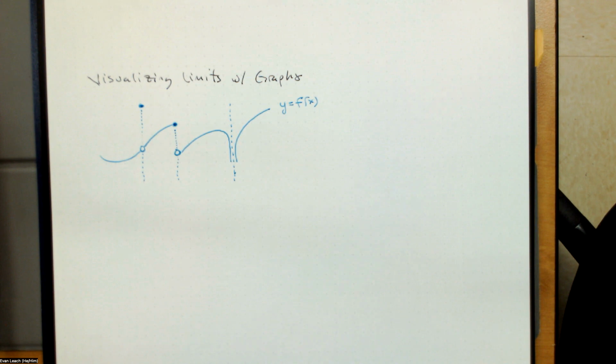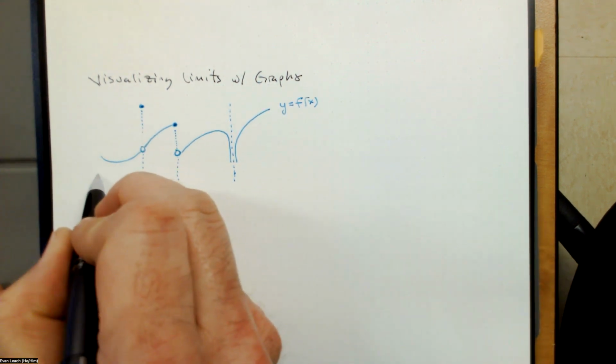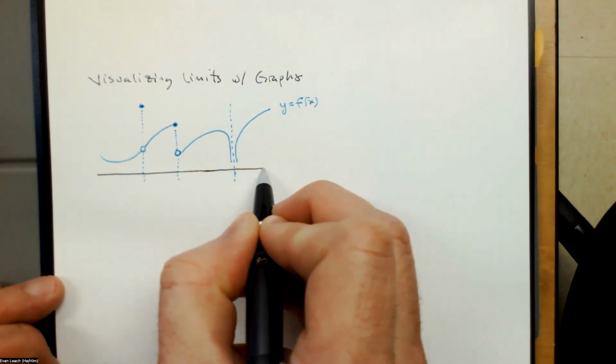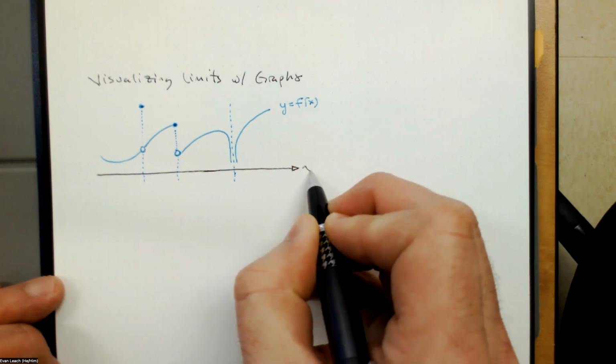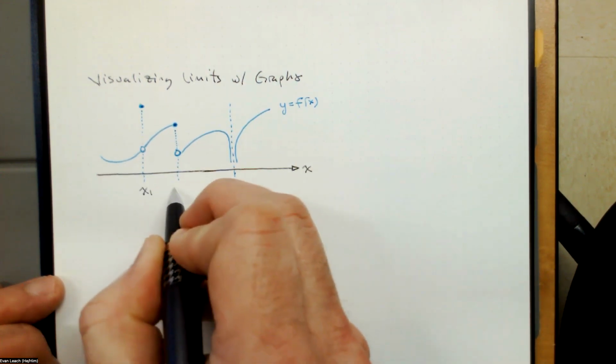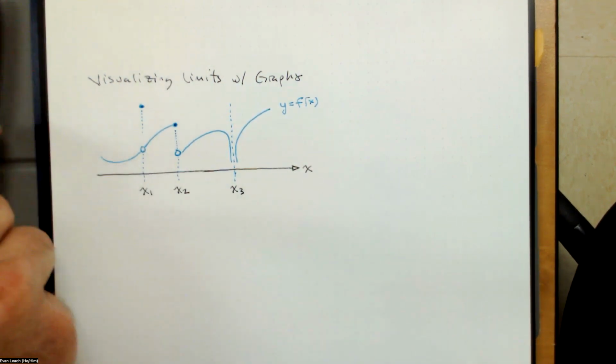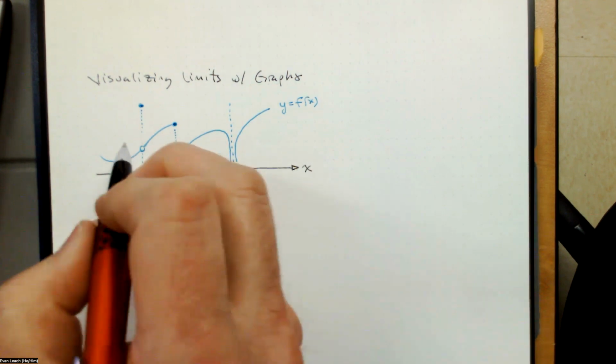So here's a graph of a function. And we can see three places where there's something fishy going on in the function. Let's put some y scale on this.